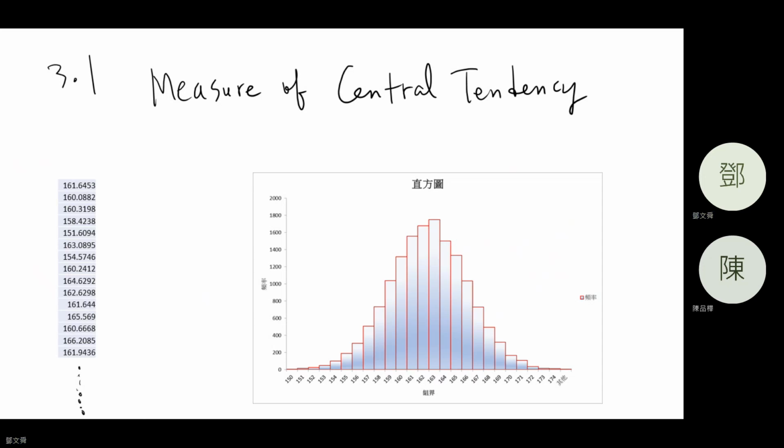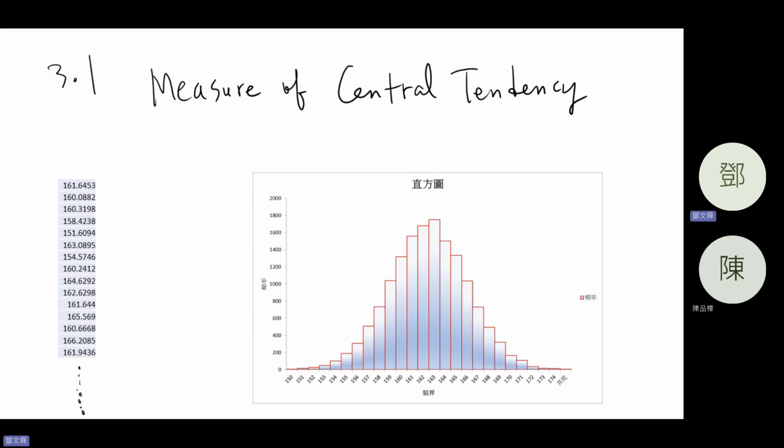And from the figure we see that most of the girl students' heights gather around which number? 150 here? No. 174 here? No. What do the girl students' heights gather around?